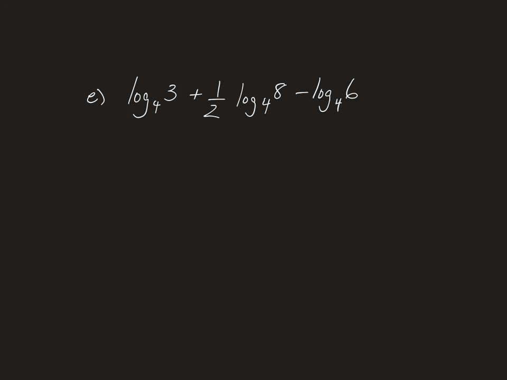Okay, we're back. If I was to work through this problem, the first thing I notice is all those logs have the same base. And so I can start to use properties of logs. Now, I could put the first log together with the last log because they're both single logs. But I think if I were to tackle this problem, I might just want to make all of them single logs.